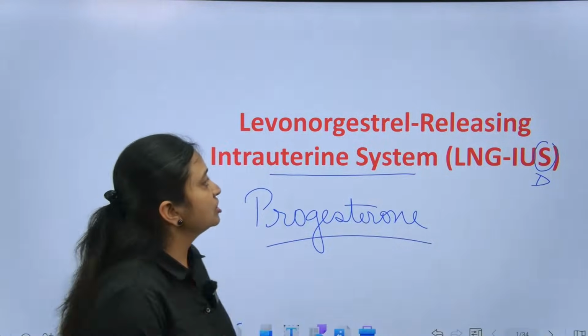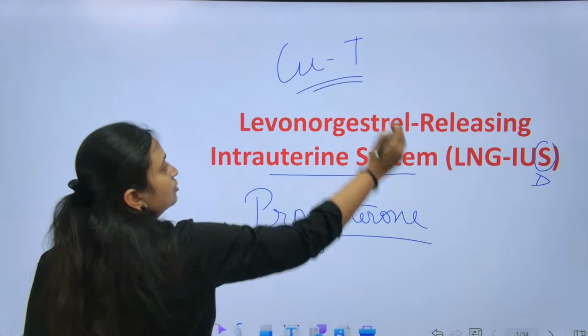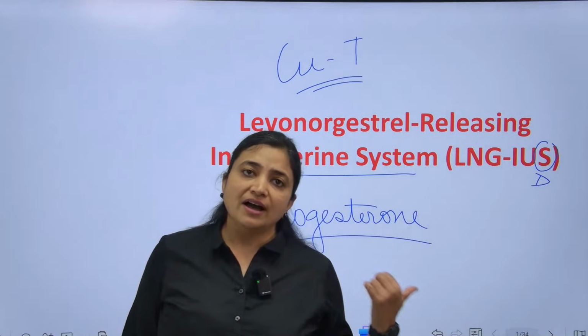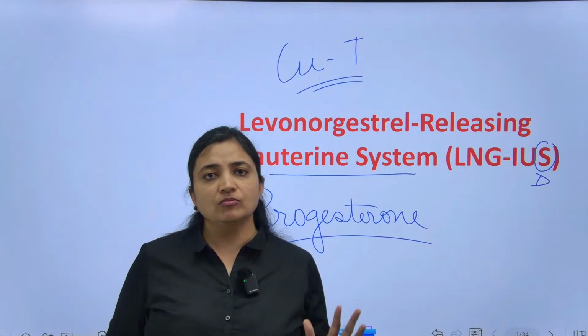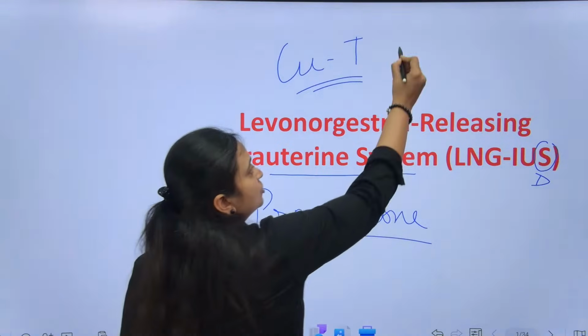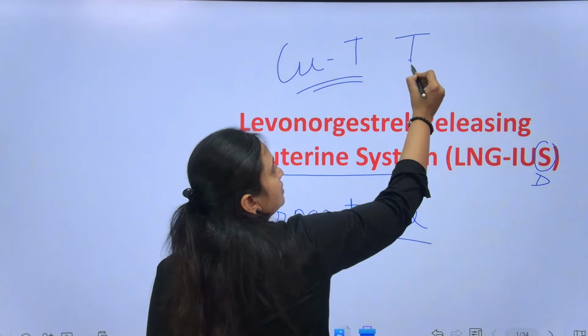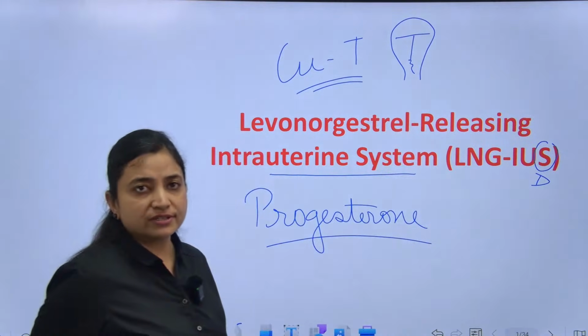This is very similar to the copper T devices which we used in contraception. Why am I talking about copper T? Because copper T was an earlier version and almost everyone knew about it. What is copper T? It is a small T-shaped device which is kept inside the uterus for contraception.